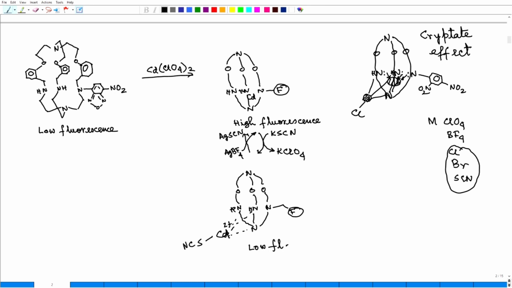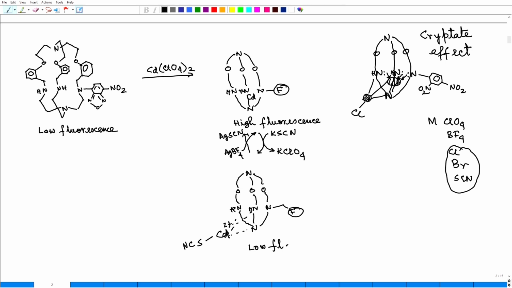We have done this with copper etc., but cadmium works very well.